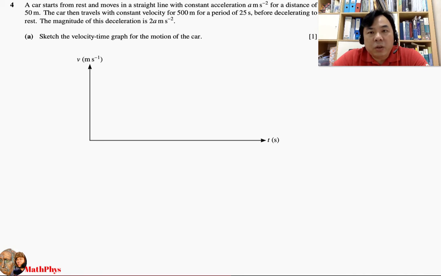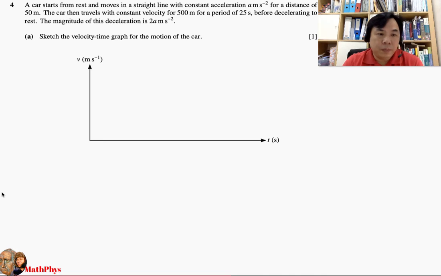So it's moving at a constant acceleration. Constant acceleration means a straight line in this case, for a distance of 50 meters. Now I have no idea how long is spent to actually move 50 meters, so we're going to roughly get an idea here.